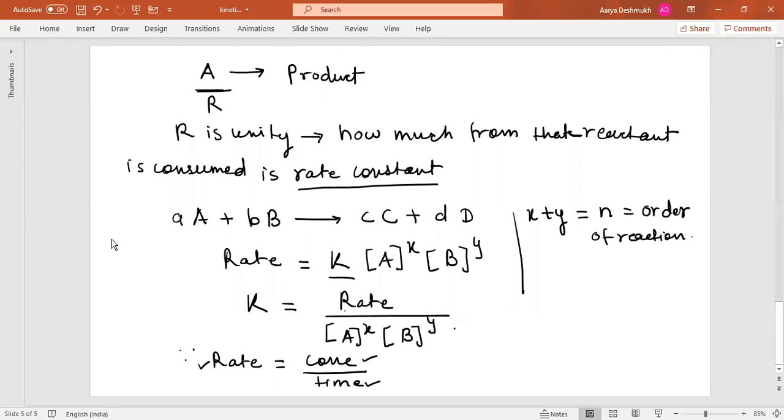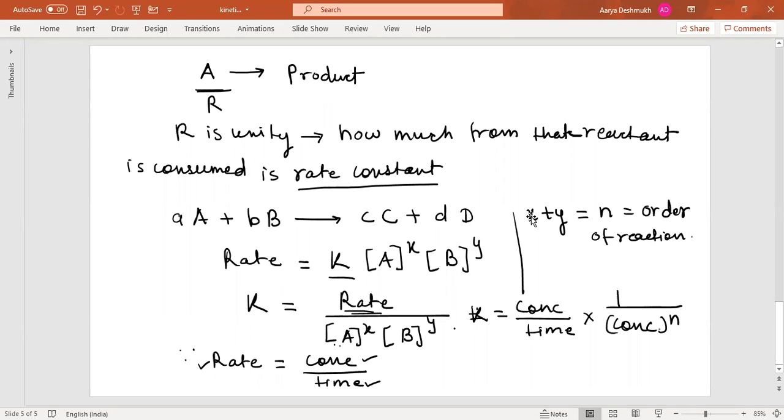Now substitute the value for rate in this equation. So the same equation can be written as K equals concentration per time, into 1 divided by concentration raised to N. Instead of A raised to X and B raised to Y, I wrote here concentration raised to N.